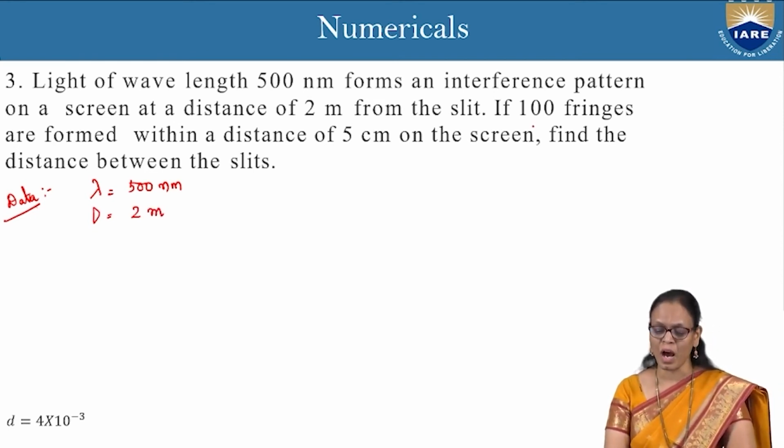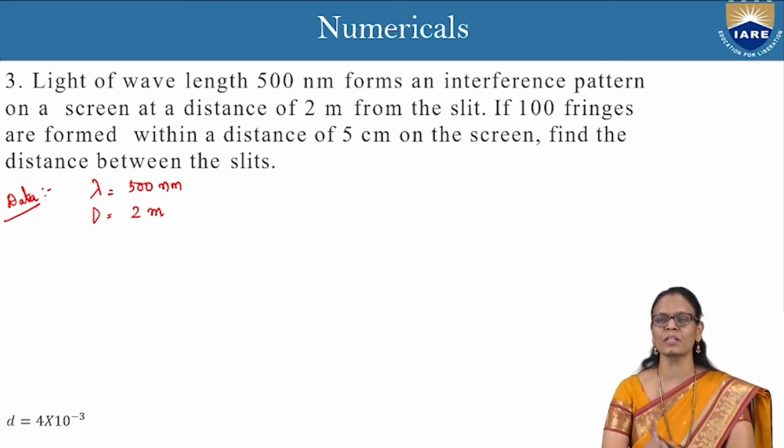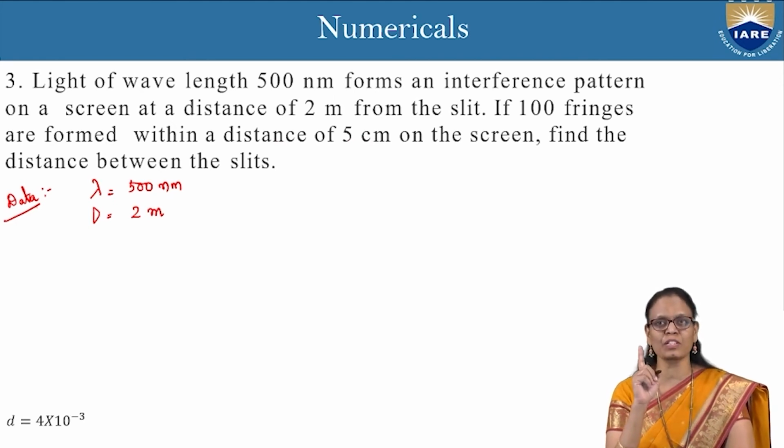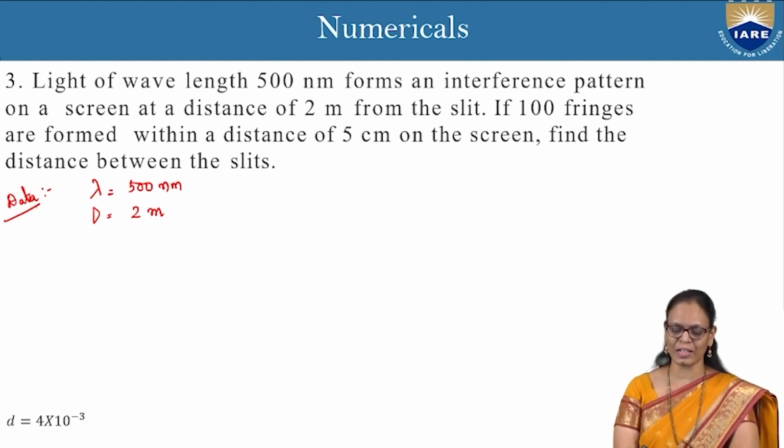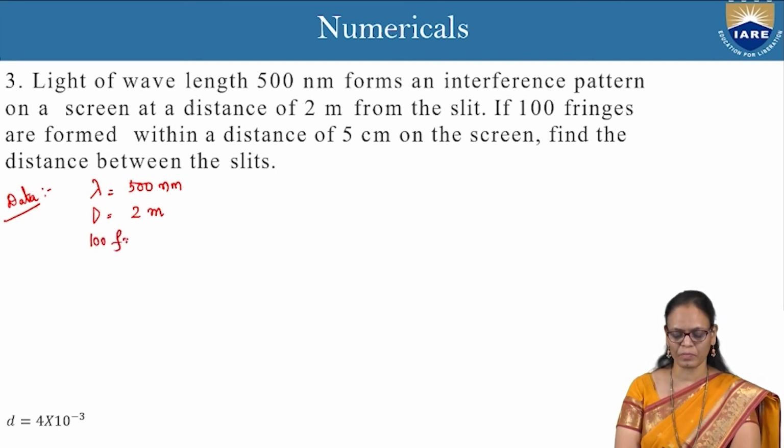Now 100 fringes are formed within a distance of 5 centimeters. When we were talking about the fringe width, we meant the width of each fringe. Now the fringe width is not given directly. What is given here is 100 fringes within a distance of 5 centimeters.